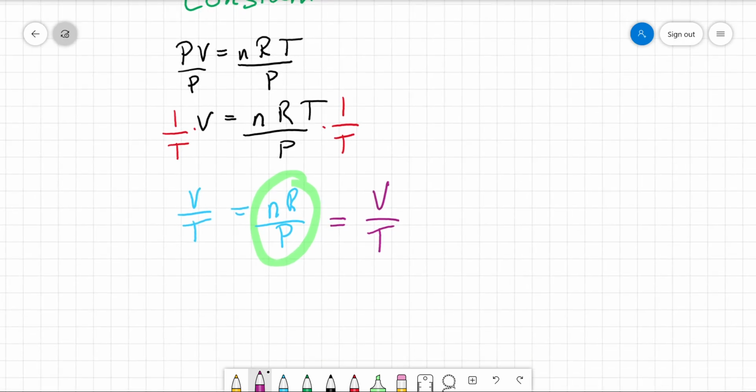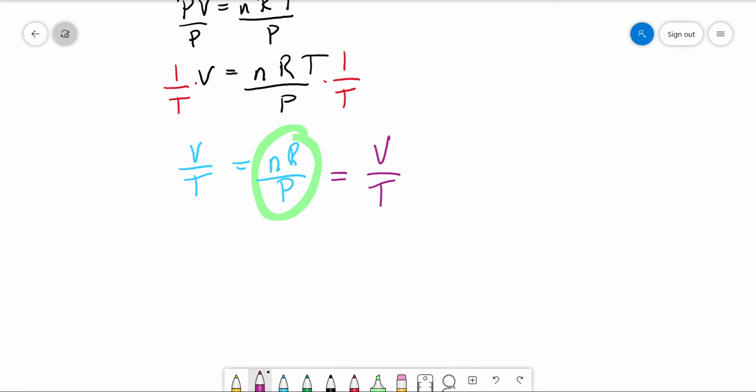I know that seems kind of silly, but what we can say is if the number of moles don't change and the pressure doesn't change for a gas, then V1 over T1 is equal to V2 over T2. Okay. Again, those things have to be held constant for this to work. Okay. R is always constant, so it doesn't really matter. All right, that's enough for the gas laws.